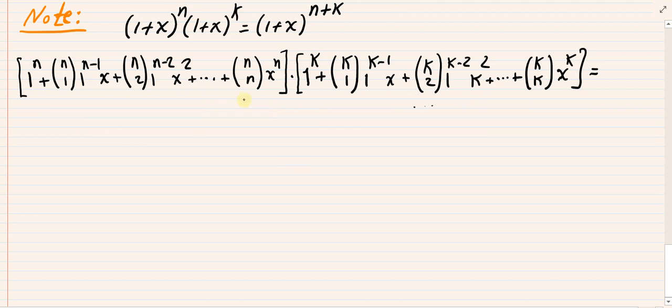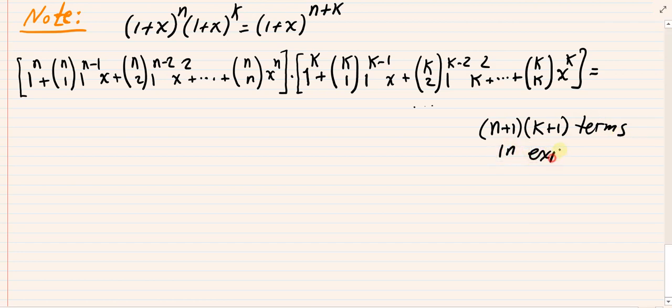Because there are n plus 1 terms in the expansion of 1 plus x to the n, and k plus 1 terms in the expansion of 1 plus x to the k. So in all, if you multiply, we're going to have what? n plus 1 times k plus 1 terms in the expansion, right? If we were to multiply them out, but we're not going to, right?